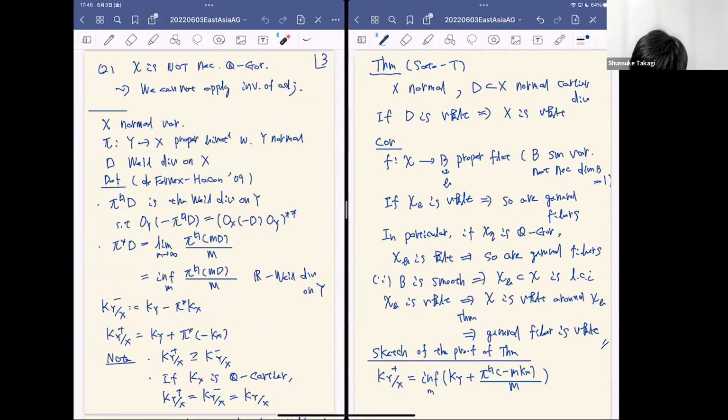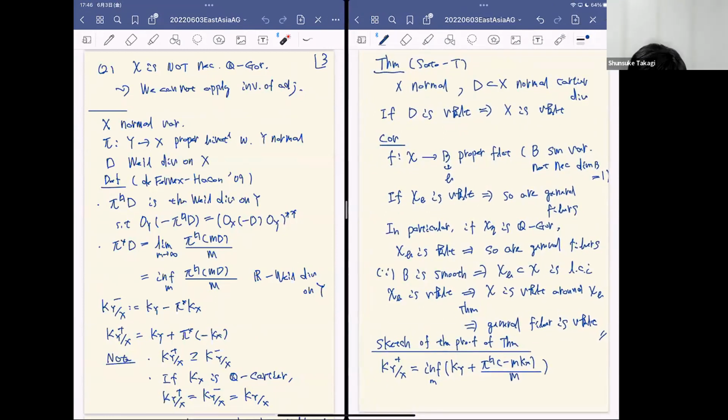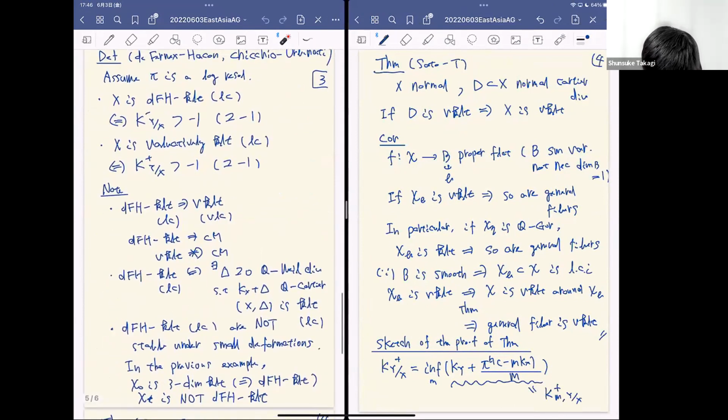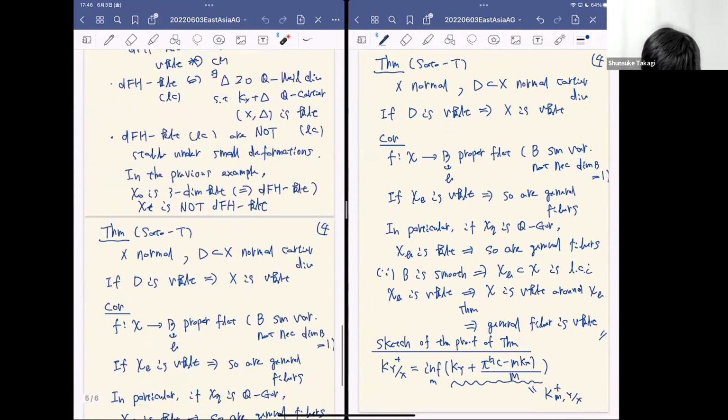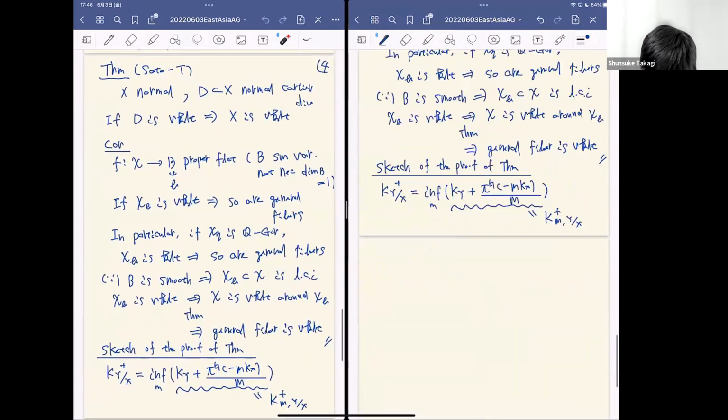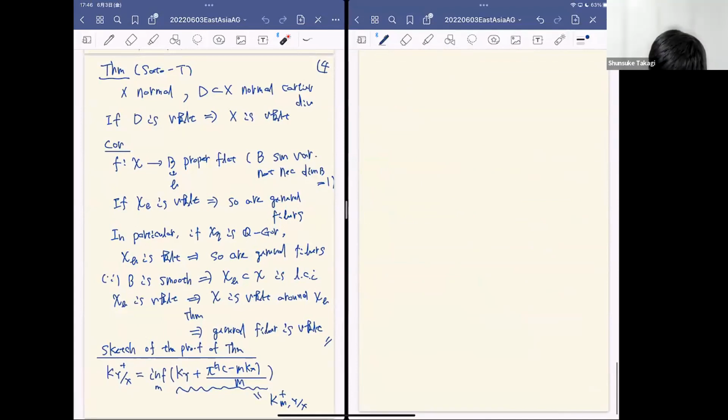We take this infimum, and let me denote this divisor by K plus m, Y over X. And then this divisor is much easier to understand.